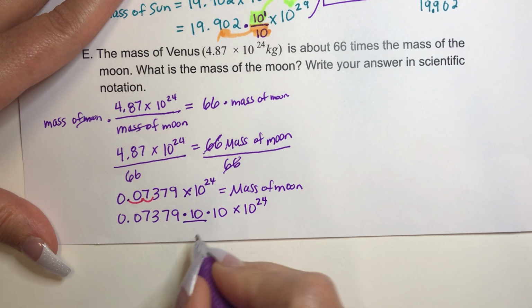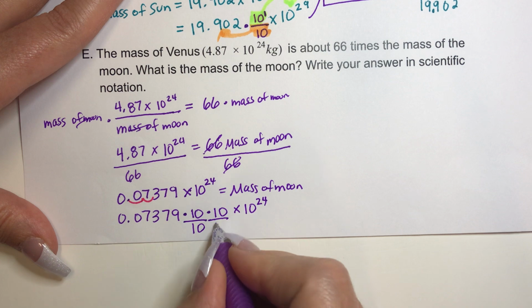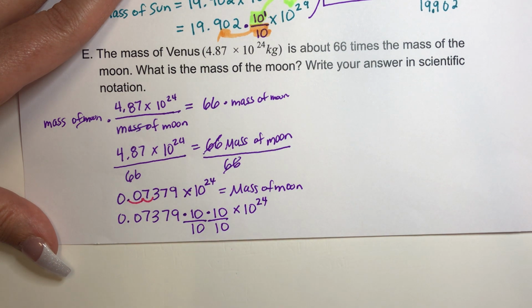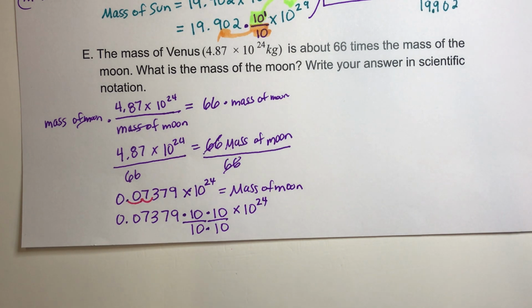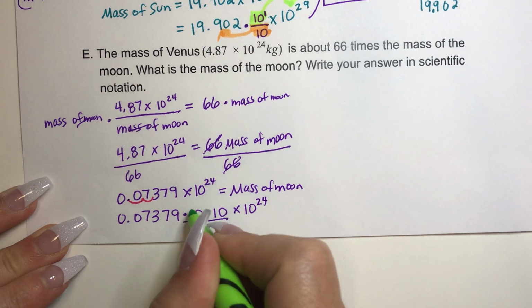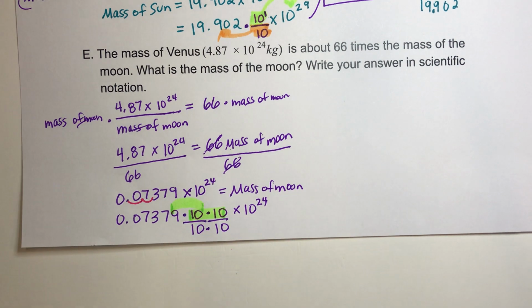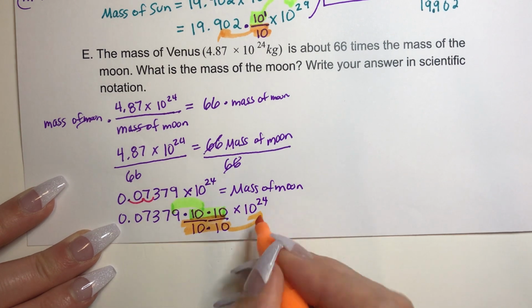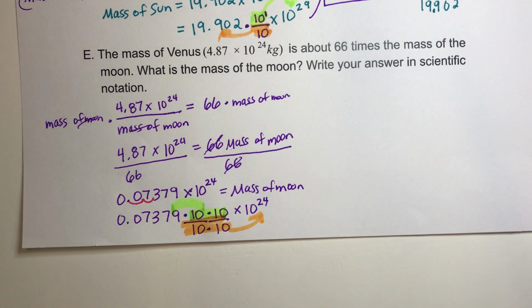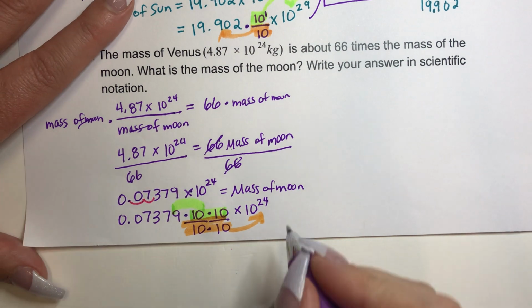If I do this, I also have to divide by 10 and then divide by 10 here as well, and those are multiplied by each other. Now the part on top is going to go here, and the dividing by 10 and dividing by 10 is going to go over here to the power. All right, so let's see how that works out.